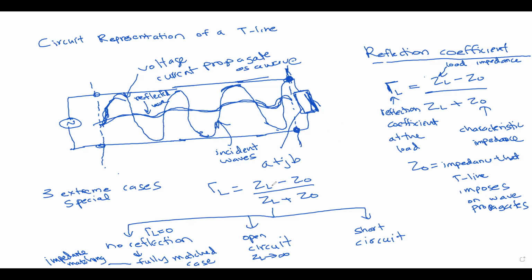If that is the case, then what is the value of the reflection coefficient? Since we cannot divide infinity by infinity, we need to simplify this reflection coefficient further to find its value in this occasion.